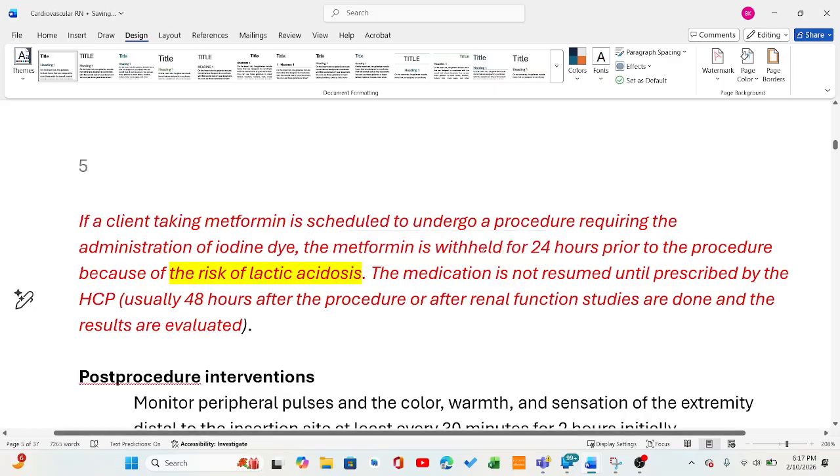Anytime you are having a dye procedure, you need to hold metformin because of lactic acidosis. Now, after they come back, you don't resume the metformin right away. It has to be at least 48 hours after the procedure before you resume the metformin.